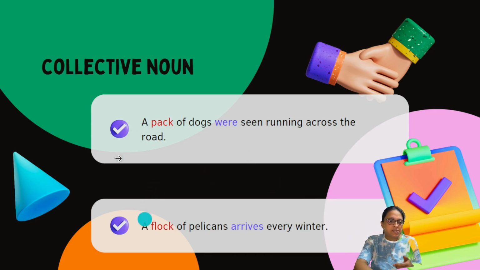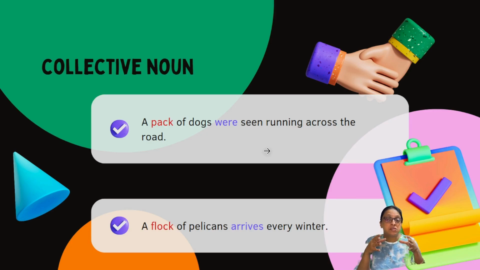But if you see the second example, a flock of pelicans arrives every winter. Now, if you've seen pelicans arriving, if you've seen migratory birds arriving, they fly absolutely in a formation and as a group. They are never away. They can never be put apart from each other. So they are always in a group. Therefore, since they're acting as a singular entity, we have used a singular verb here.